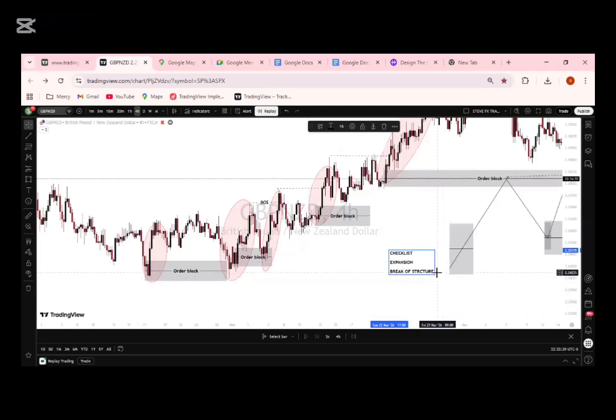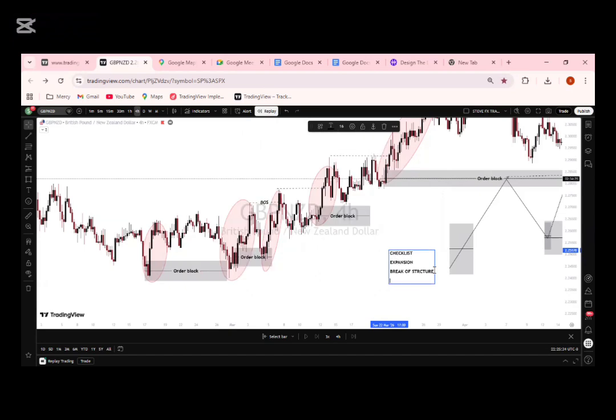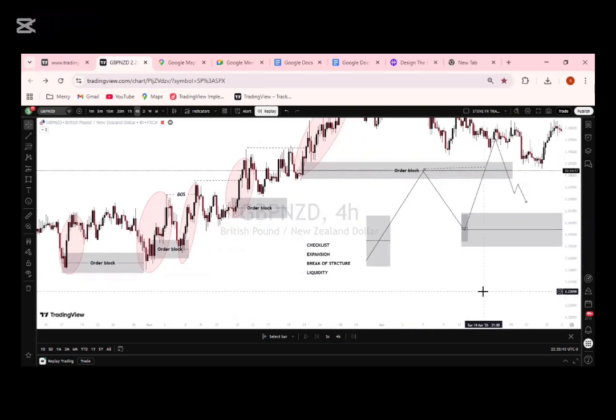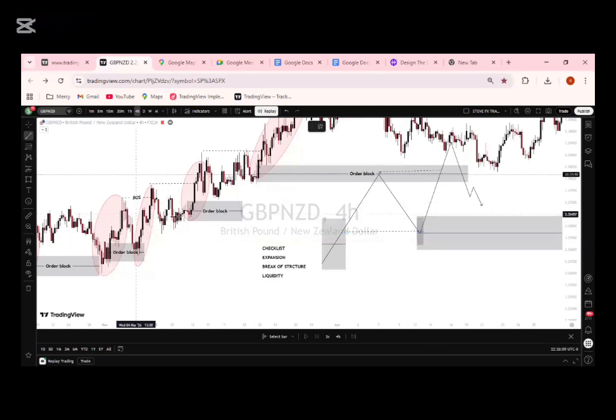Now we are going to be looking out for liquidities around the order block. So I told you that in terms of liquidity, either that particular order block sweeps liquidity, that is, let's say there is a previous liquidity like this, and then this particular order block sweeps or takes that liquidity off.